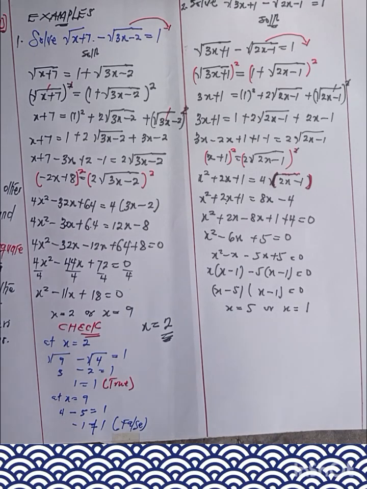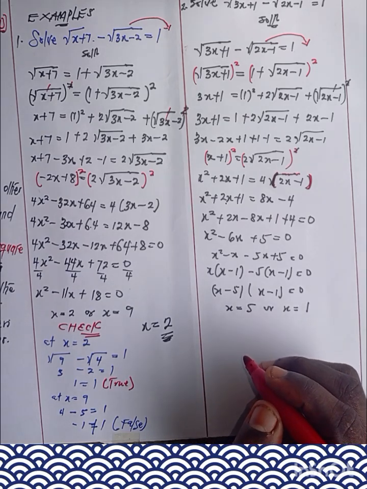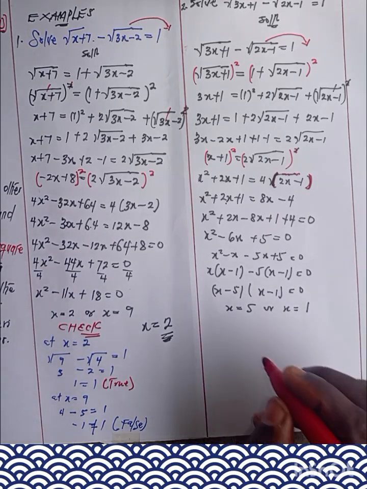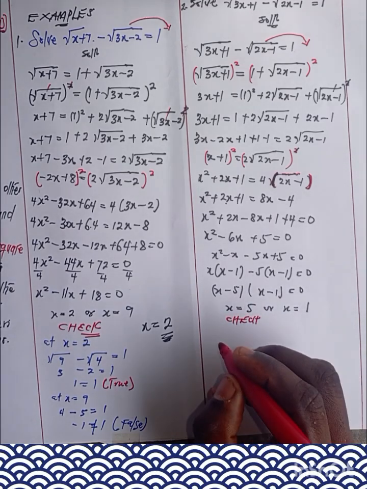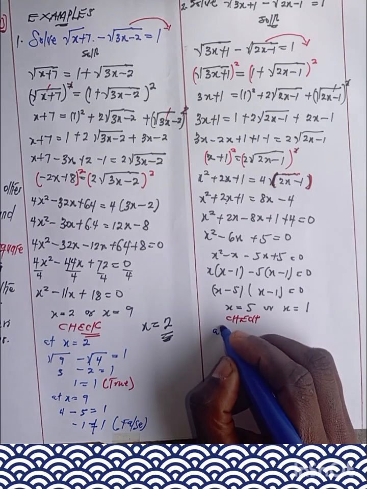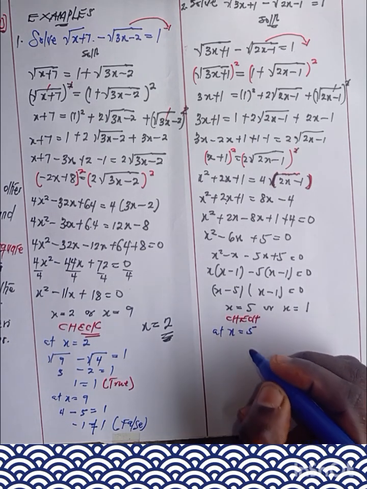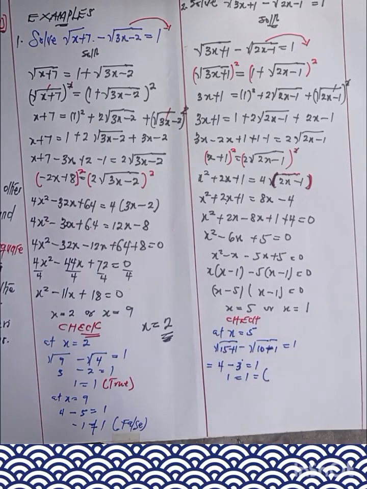So the last step says check or verify your answers with the original equation. So let's check. At x is equal to 5, it means that this is what? True.